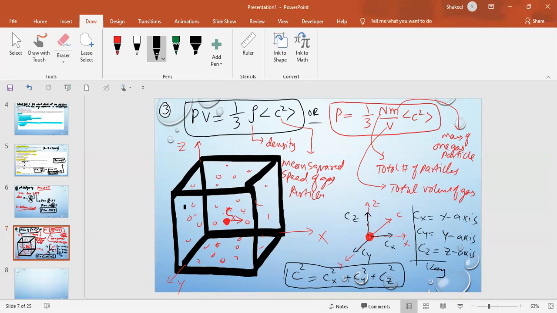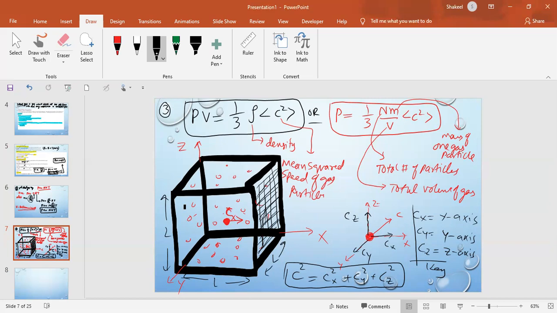Okay, moving forward, let's consider that this particle is moving along the x-axis, and this is the wall with which the particle is going to collide after some time. Let's assume that this cube has each side of length L; length, width, height are all L, as it is a cube.